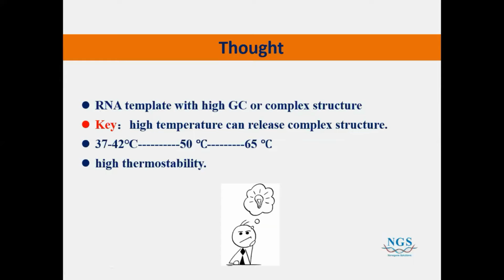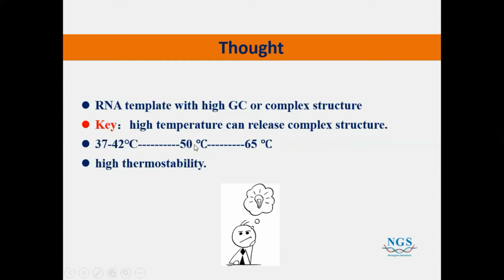Okay, so let's think about this. If you have an RNA template with high GC, or what we call a complex structure, how do we break open the complex structure? We need a very high temperature to release the structure. So we might need to increase our temperature up to 50 degrees or 65 degrees.